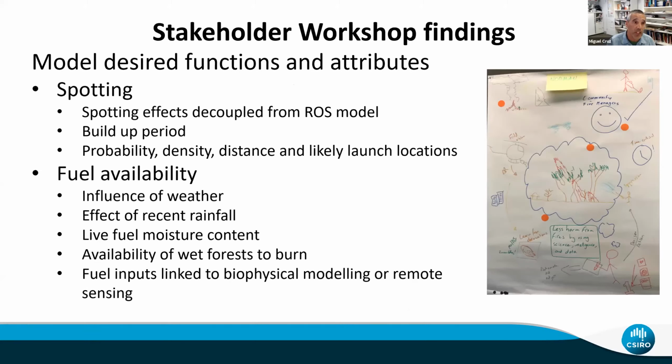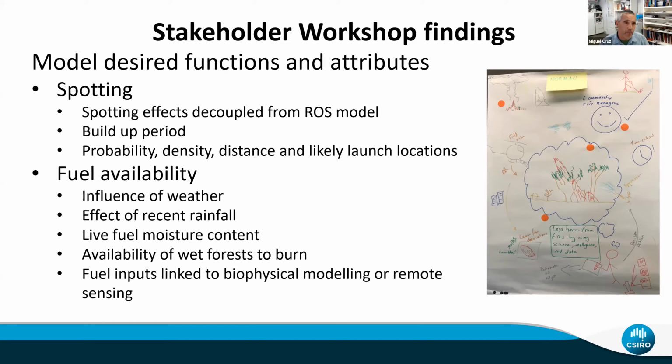As we started the project, we had a stakeholder workshop where we met with end users from most of the jurisdictions throughout Australia, and end users told us some of the desired functions and attributes that the new model should have.